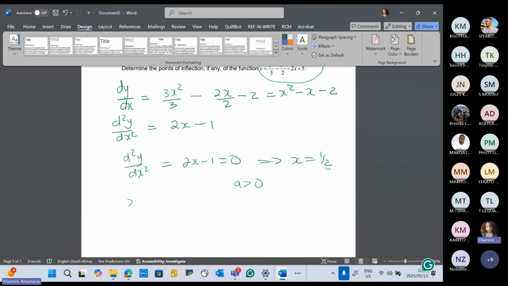Now, if A is positive, a value before half, do you agree that it will be 1/2 minus A?